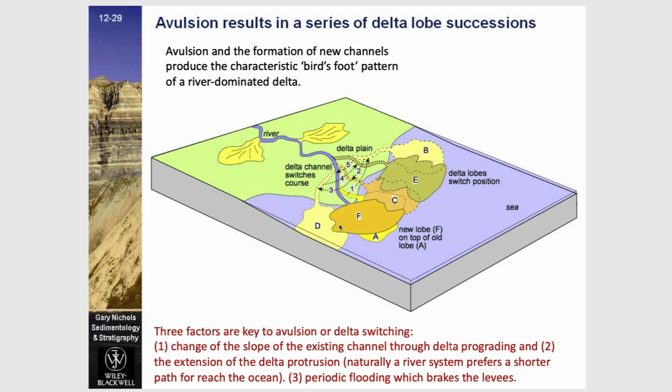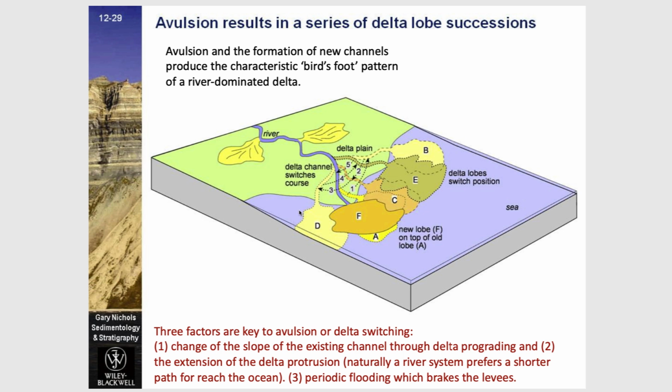The last aspect is periodic flooding, which will break levees. If you have marine transgressions, many times they can influence the course of the river system and negatively affect a specific channel. So we start with the development of a lobe, then we have a sudden switch in direction and we form a secondary lobe, and then again we switch back.